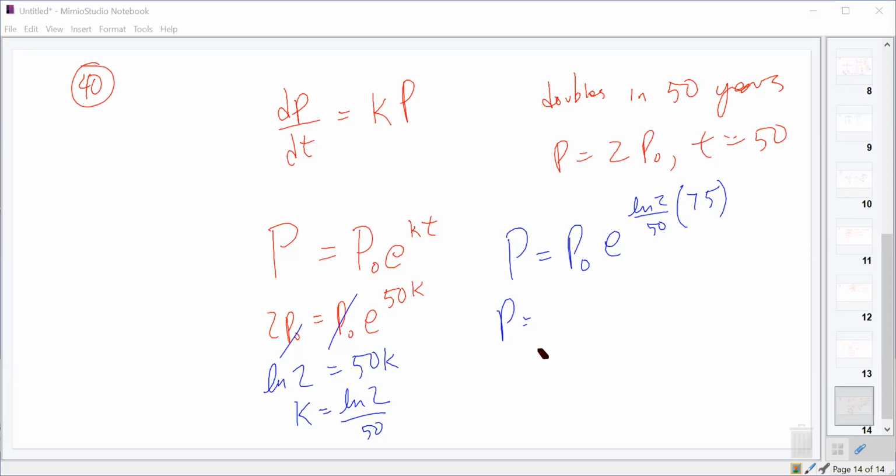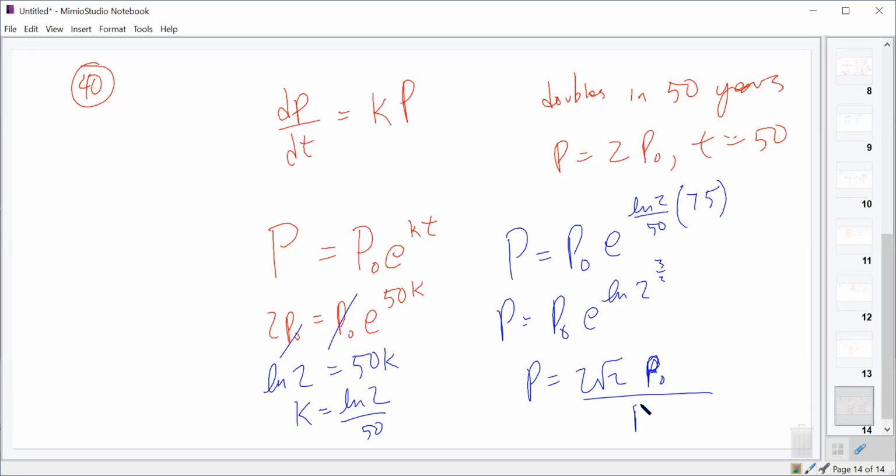Which should come in as a power, so that'd be better. P naught, and then that becomes e to the natural log of 2 to the 3 halves, which is the square root of 8. That'd be better, which is 2 root 2. So this just becomes that population is 2 root 2 times P naught. Screwed up my log rules.